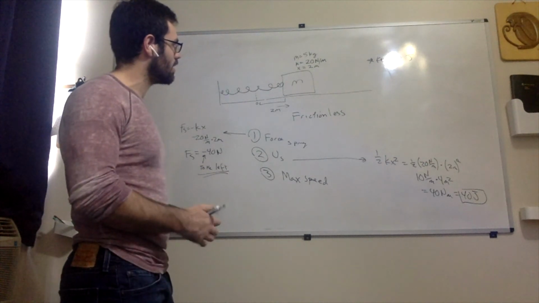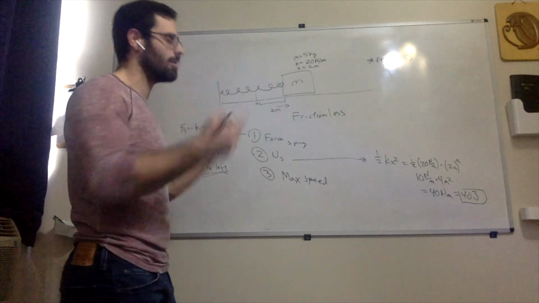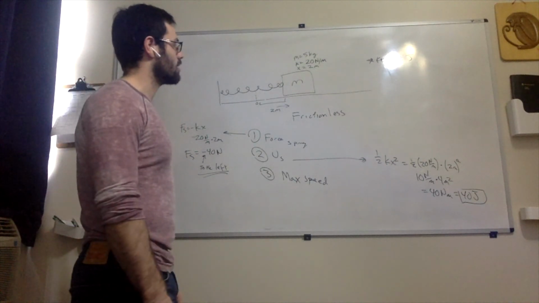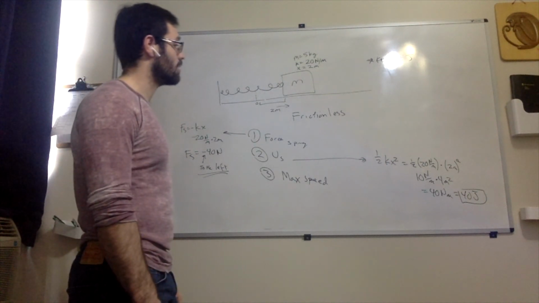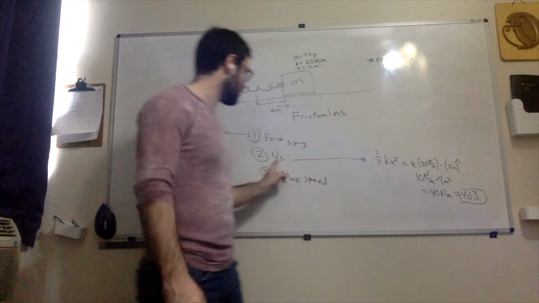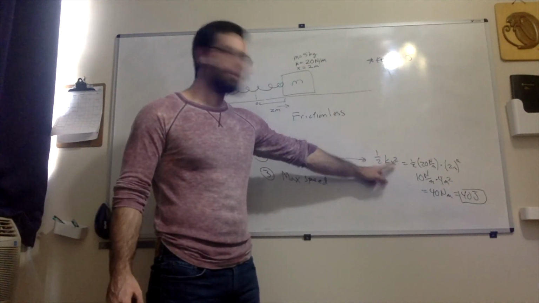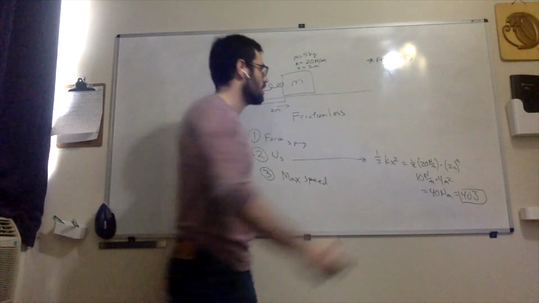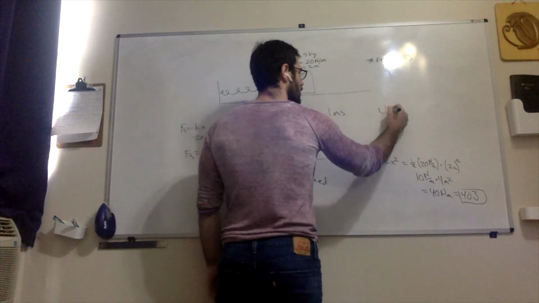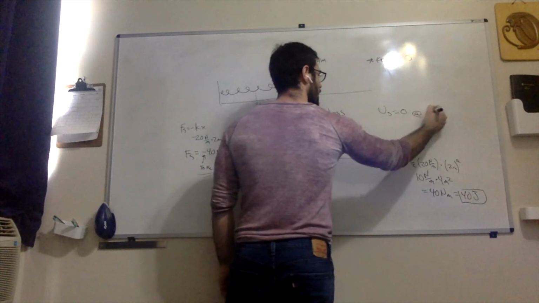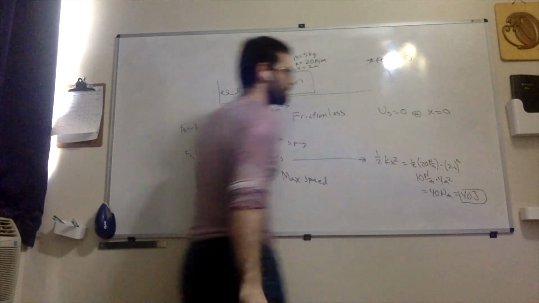But first we want to think about where that is and why that is. Where's our potential energy 0? Our potential energy from the spring is 0 exactly when x is 0. So we know that Us equals 0 at x equals 0.